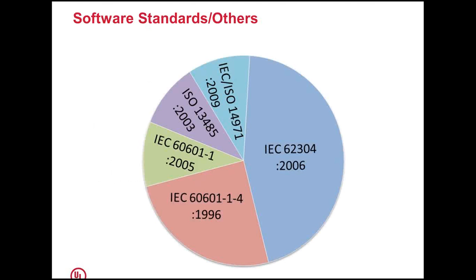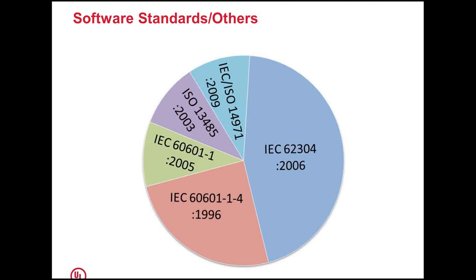This diagram will help you in understanding how the interrelations are. This IEC 62304 is the standard which we discussed some time back, which prescribes the software development lifecycle process for medical device software.